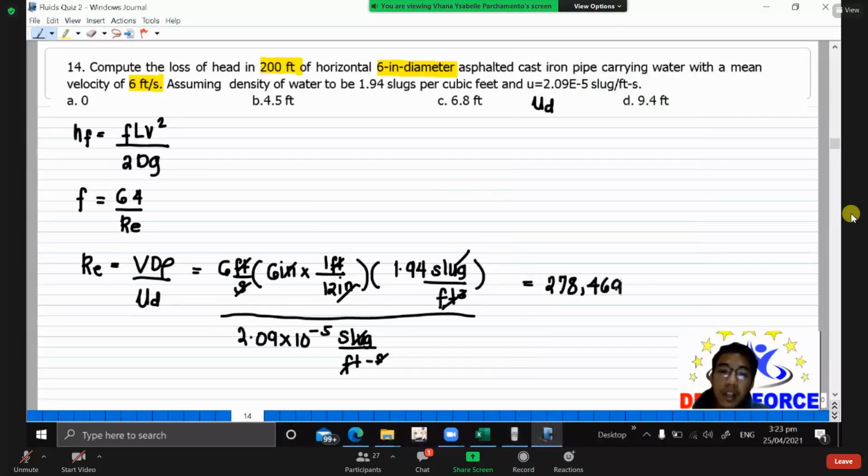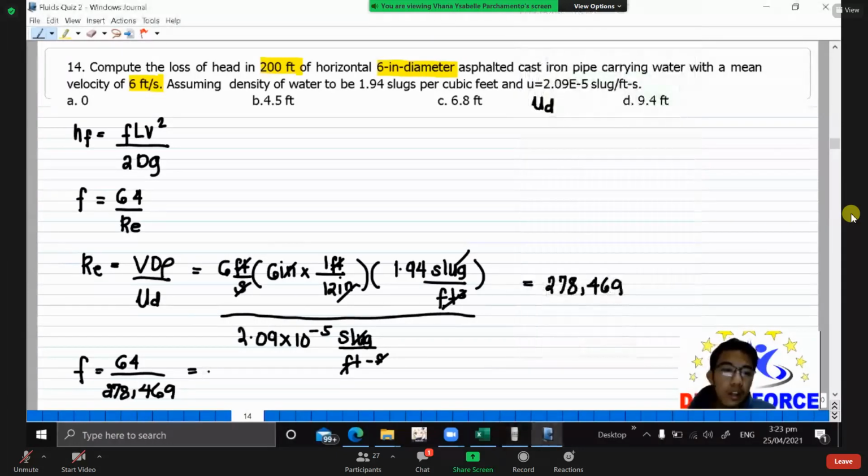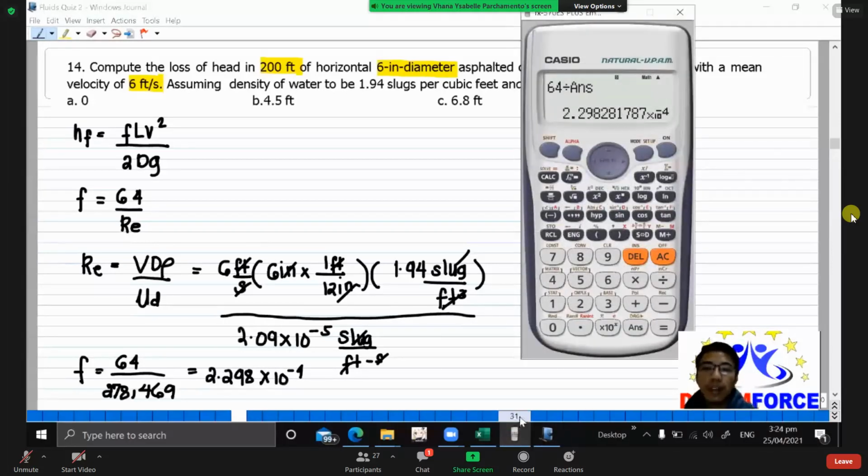Therefore, pwede ko nang kunin yung ating friction factor, that is 64 divided by the Reynolds number, 278,469. So 64 divided by answer. 2.298 times 10 raised to negative 4. Again, unitless din yan kasi unitless by unitless.